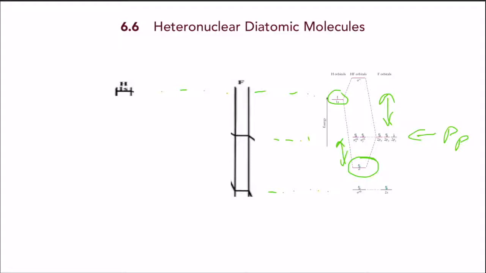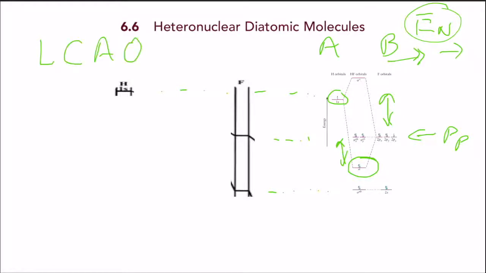And so what do we see? We're going to arrange heteronuclear diatomics such as AB, putting the more electronegative atom on the left-hand side, okay? And then we're going to find the interactions according to the atomic energies, okay? Now, we have been following the linear combination of atomic orbitals theory, which is a great method for us to try to understand chemical bonding.